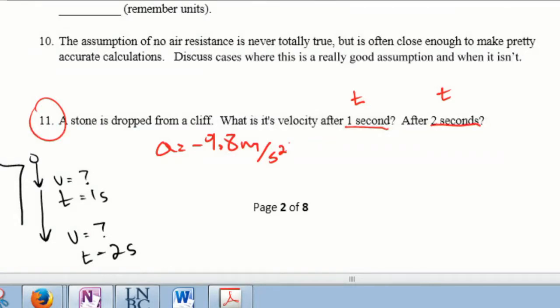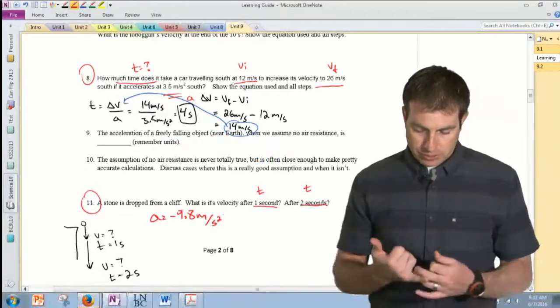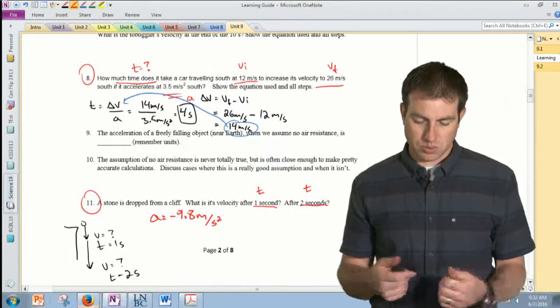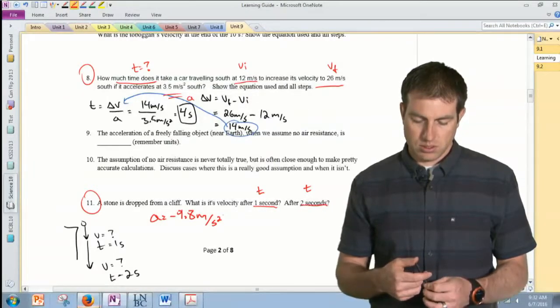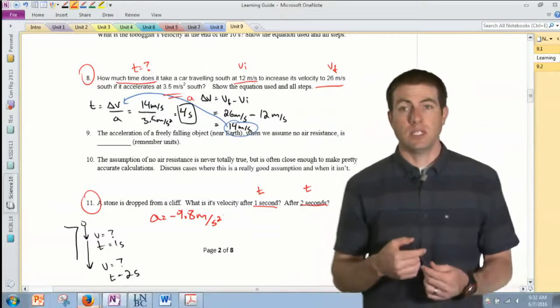So you guys all got the acceleration. What was the other thing that we know in the question? We have the acceleration for sure. That's still not enough to find anything. Well, I guess it is, we could find the change in velocity. But we're not interested in the change of velocity.